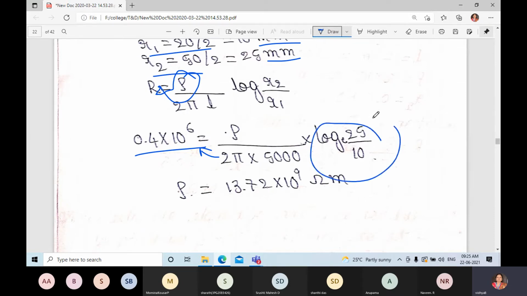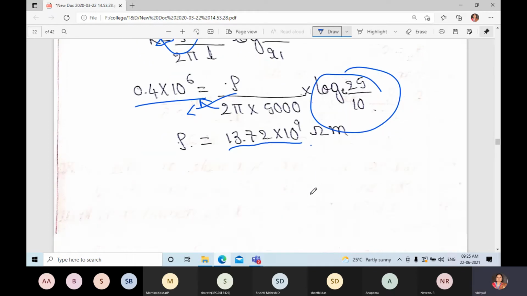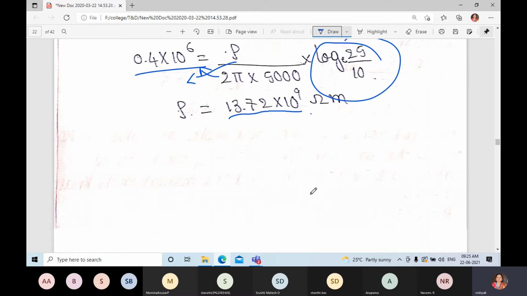How much do you get for the value? This you will get in the denominator. After solving this, you will get 13.72 into 10 to the power of 5. Okay, these are the problems regarding the insulation resistance.